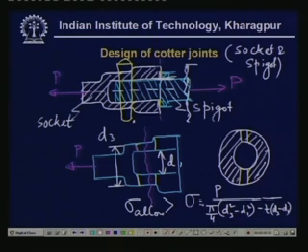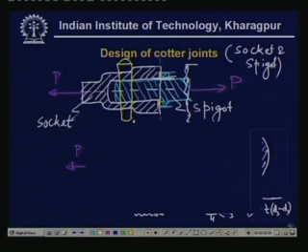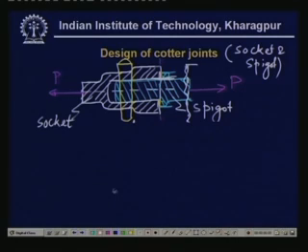We have other kinds of failure, just like the spigot. Let me describe. The socket will fail against crushing. The crushing force, that is the compressive stress, will be developed on this surface.